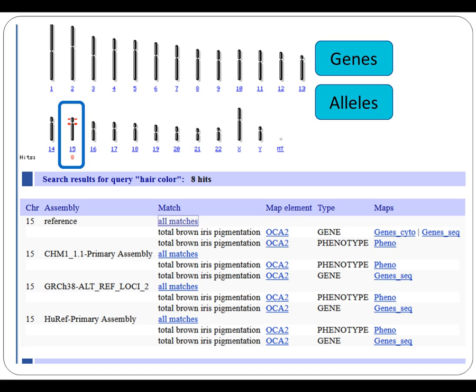I feel like we're on a roll, so I want you to add a little bit of detail about the alleles. Some alleles are dominant, and some alleles are what? Recessive.